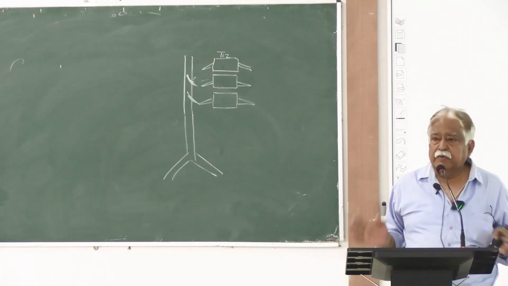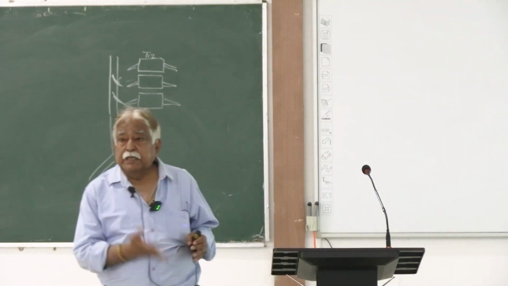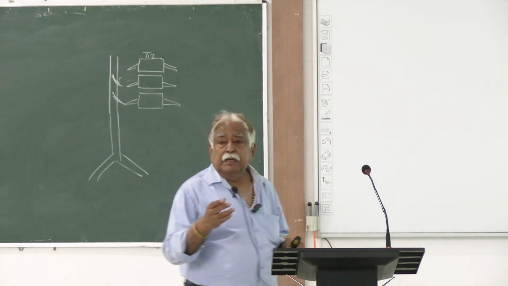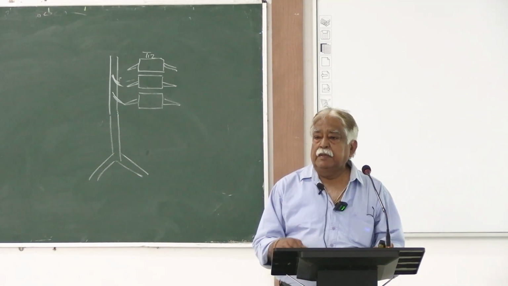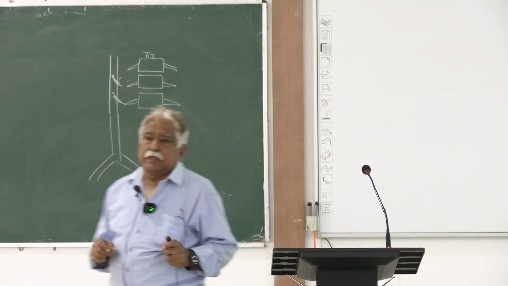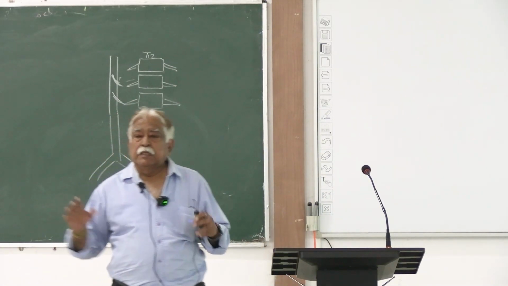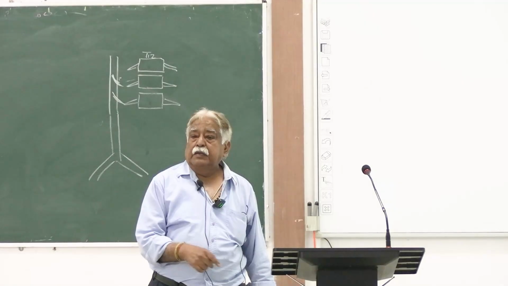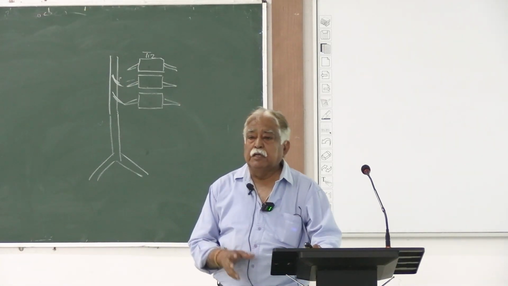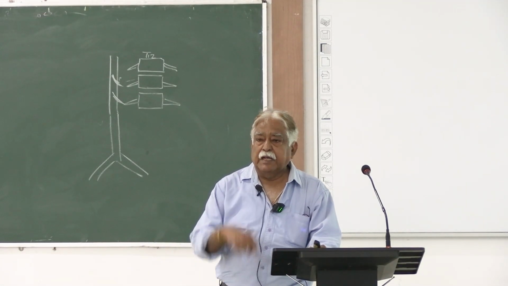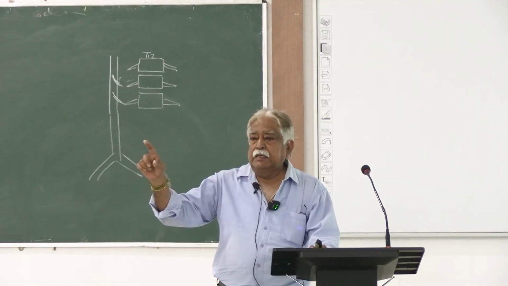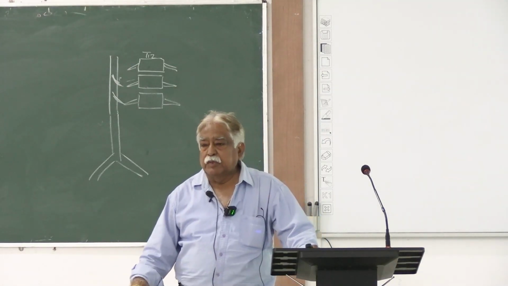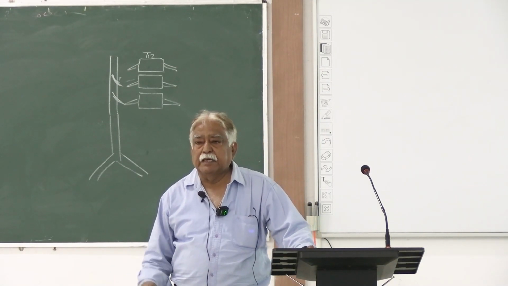It is the liver, the spleen, the kidney, the suprarenal glands, and the stomach, duodenum, pancreas, jejunum, then the ileum, ileocecal valve, appendix, ascending colon, transverse colon, descending colon, pelvic colon, then rectum and anal canal.